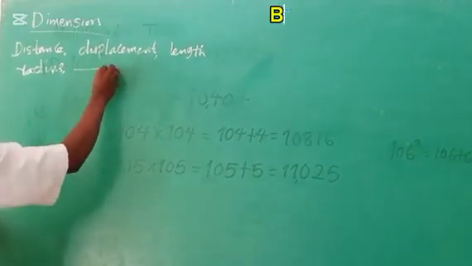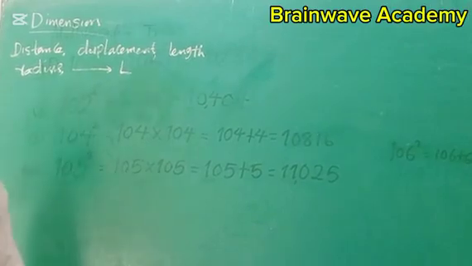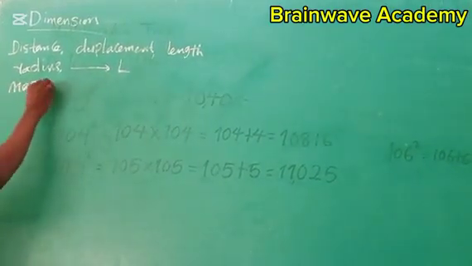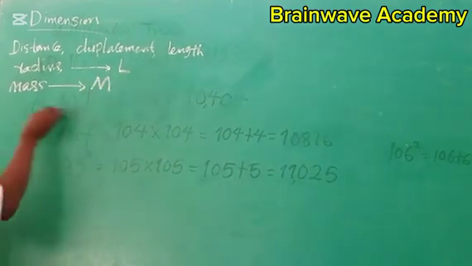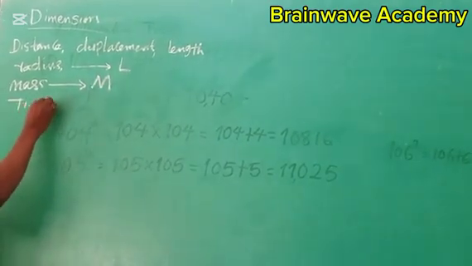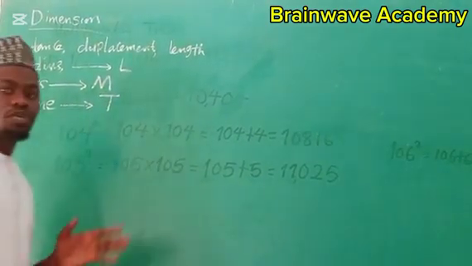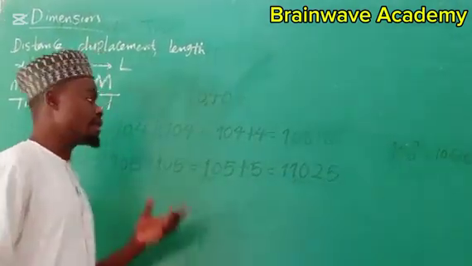All these ones are represented as L in dimension, and then mass is represented as M, and time is represented as T, capital letter T. This is what we need in a dimension.